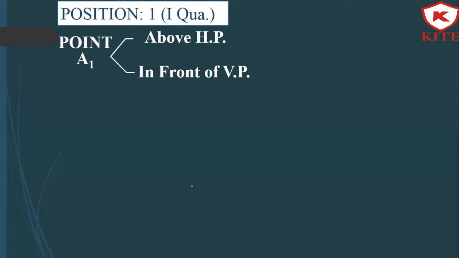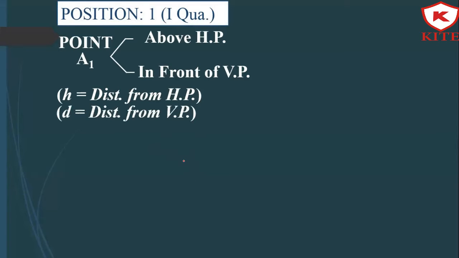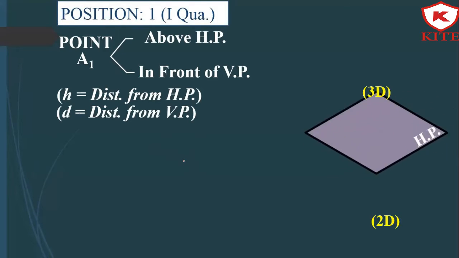Now let's begin with quadrant 1, or position 1. Assume a point A1 is above HP and in front of VP. H is the distance from the HP and D is the distance from the VP of point A1. Now draw a 3D view.